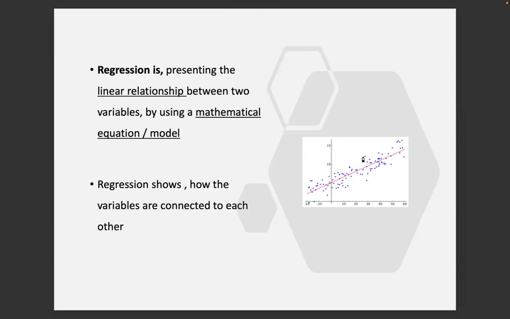If I take this single point, it is not on the line. We can calculate a small difference between these two points. We call that difference an error. If a point lies on this fitted line, that error would be 0. The direct distance should be 0.